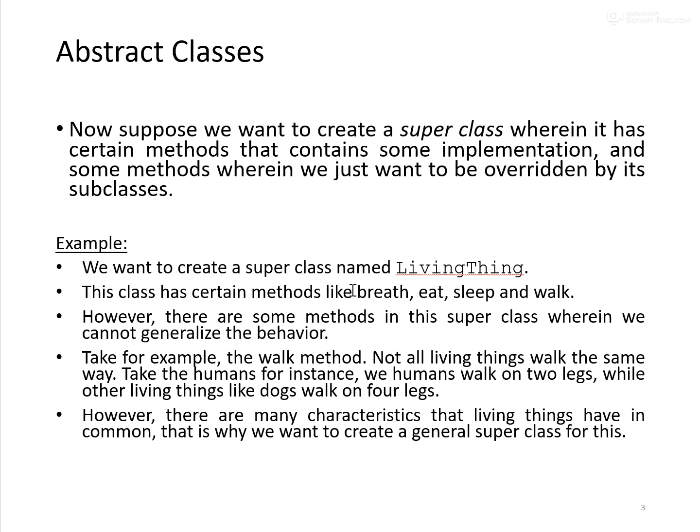While all of these methods may be common to all living things, the way these actions are performed may be very different. So, for example, a human being walks very differently from a horse or a dog or a cat. So keep this in mind while I work through the first example.